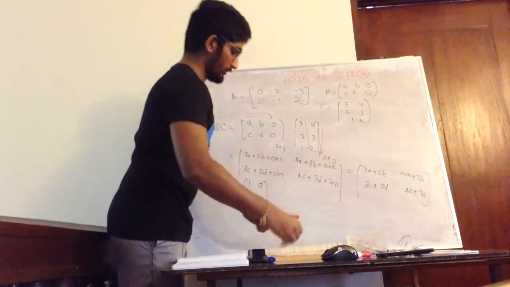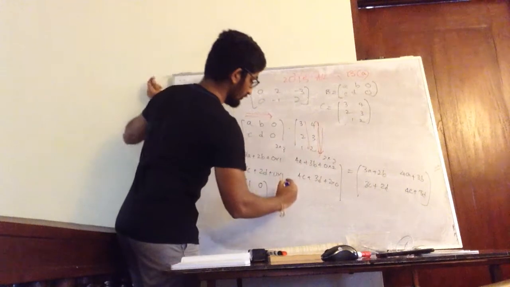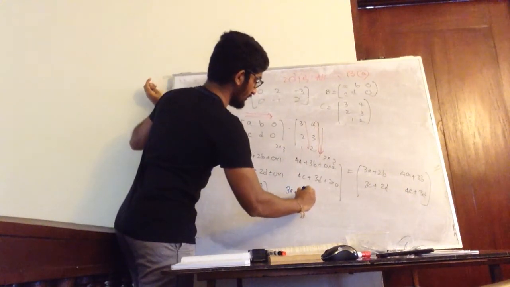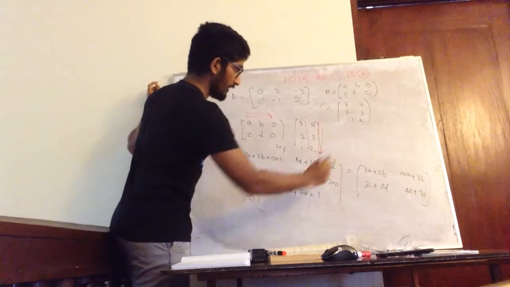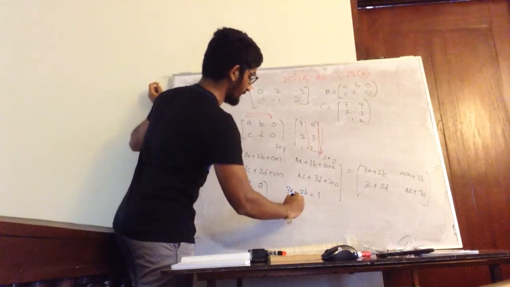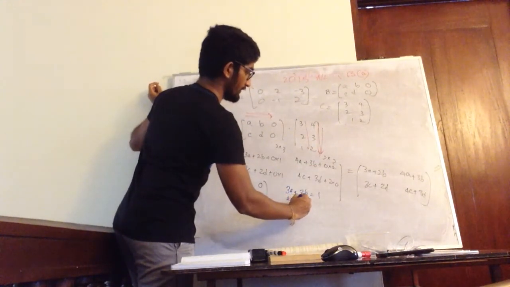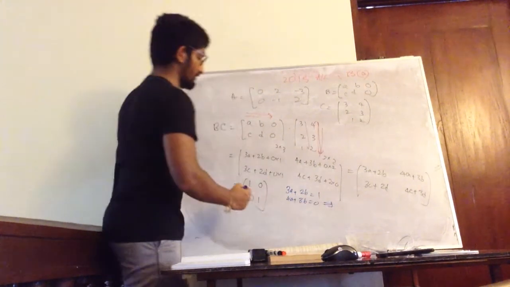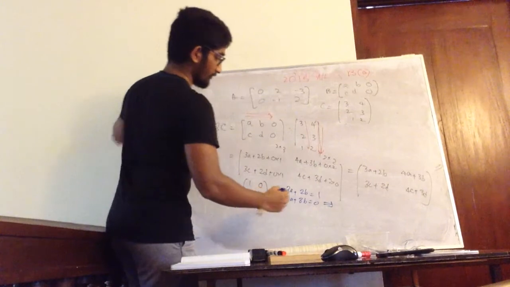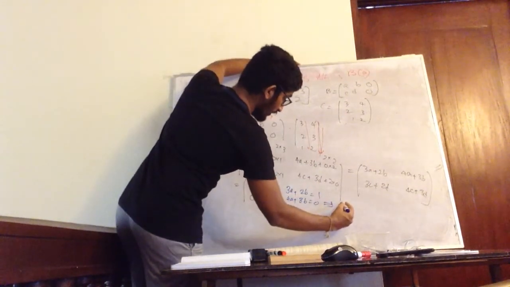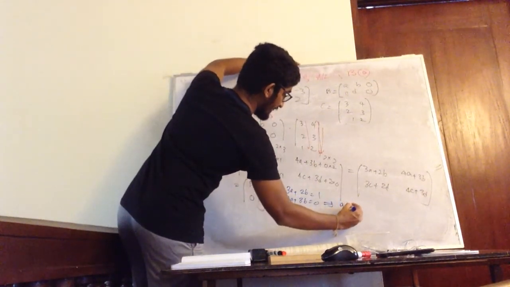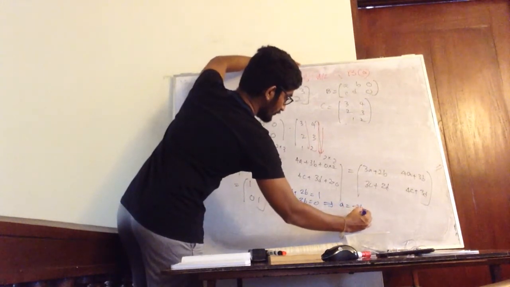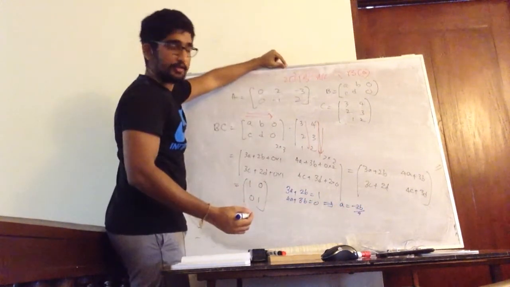So we will get 3a plus 2b as 1, and 4a plus 3b as 0. From this I can get a as minus 3b over 4. Correct?